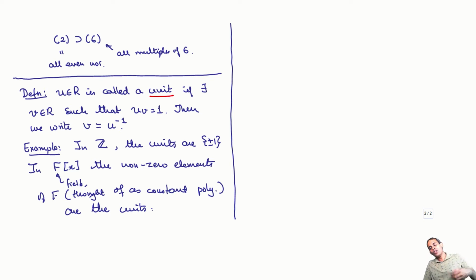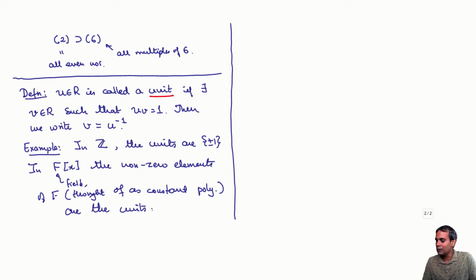Because if you have a non-constant polynomial, that means its degree is at least 1, and when you multiply two polynomials, the degrees add. So there's no way you can multiply two polynomials of degree greater than 0 to get the constant function 1, which is the multiplicative unit of the ring of polynomials. So every unit has to be a constant polynomial, and among those, it's obvious that the units are in fact the non-zero constant polynomials.